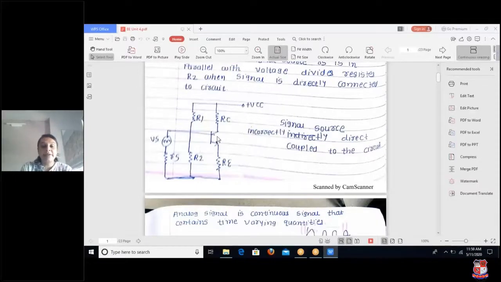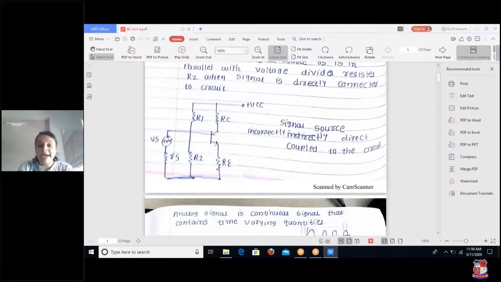In the transistor we use a CE configuration. CE configuration is known as the common emitter configuration, and for it, here we use voltage divider biasing. So R1 and R2 are connected in a voltage divider series. Vs is your input AC signal, Rs is your source resistance, and VCC is your supply.